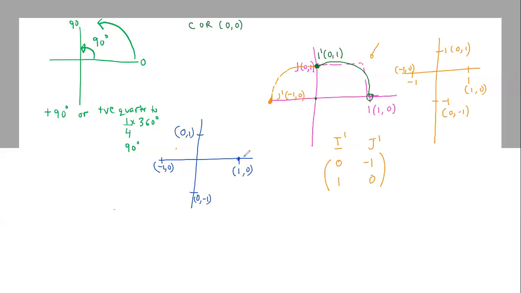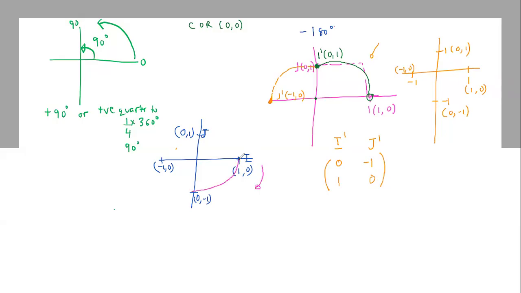In case we are rotating still, always rotate from I, and this is our J. In case I'm rotating I, and they have told us 180 degrees, this time let me put negative. Negative means you move in the opposite direction. So I'm going to move this I in the negative direction, so I will take this side.